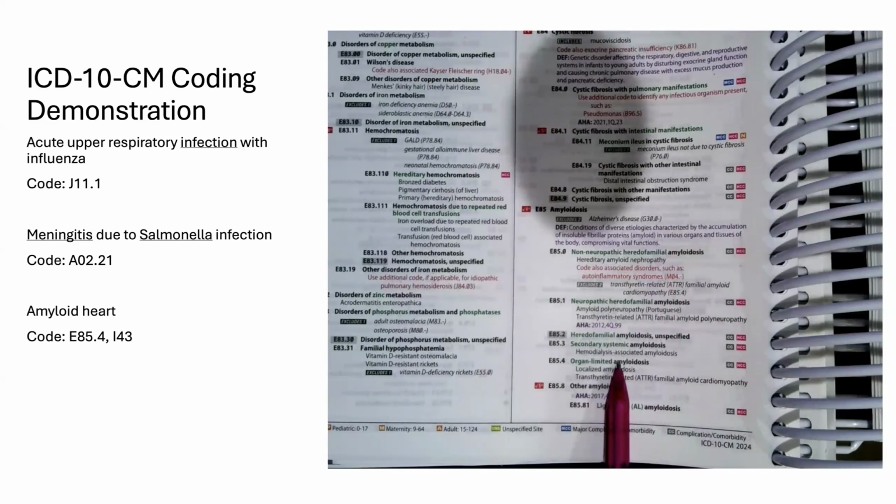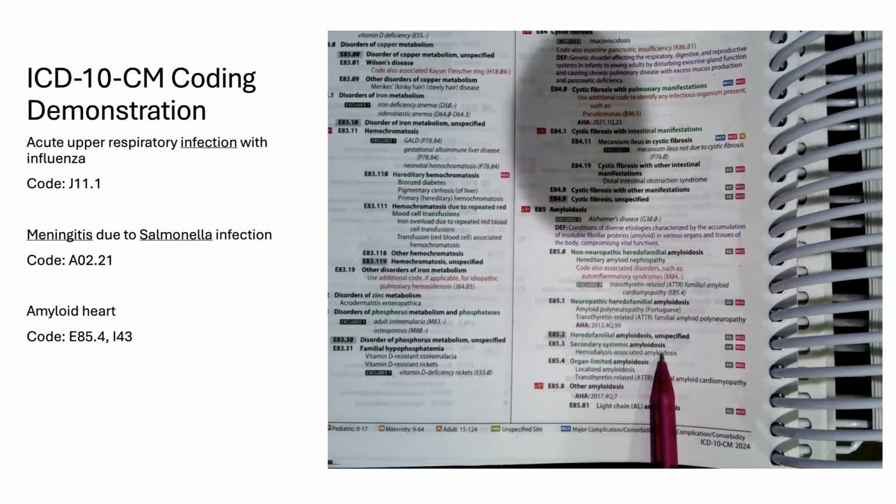And here we have our organ-limited amyloidosis. Now, the reason that we need an additional code is because this doesn't tell us what organ. So notice that it doesn't tell us what organ, and that's why I bet they have us using the I43 as an additional code to specify that.